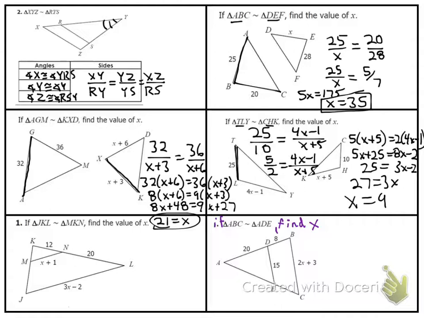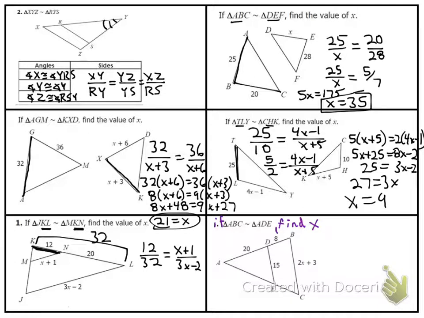Our next problem, the bottom left, we need to find the value of x. So let's see. KN is the second and third letters. That goes to KL, which is the whole thing. We need to make that 32. Because we're talking about little triangle, big triangle, we have to take the total of the side. So let's go 12 over 32, little triangle over big triangle, equals x plus 1 over 3x minus 2. Now 12 over 32 does reduce.